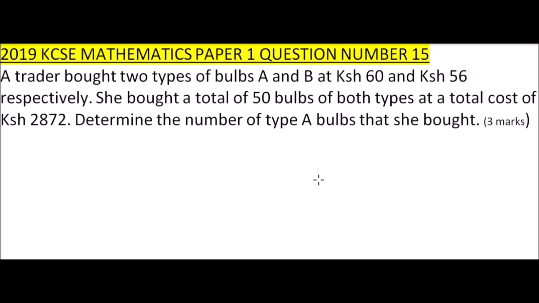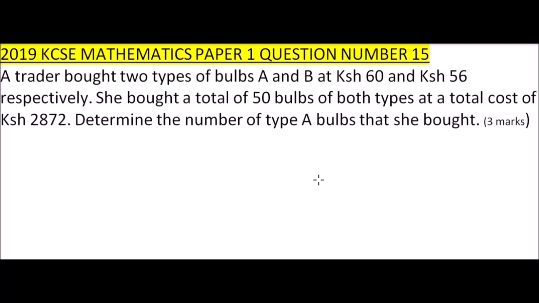Determine the number of type A bulbs that she bought. You get 3 marks. Here, what is required is that we form linear equations using the information given.